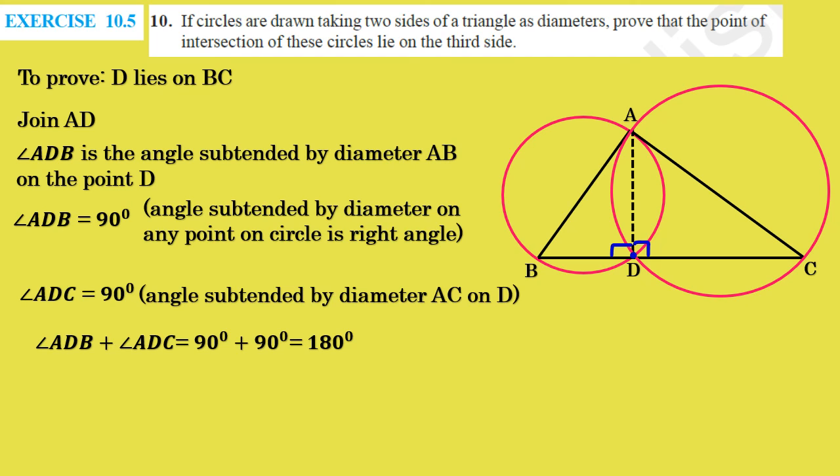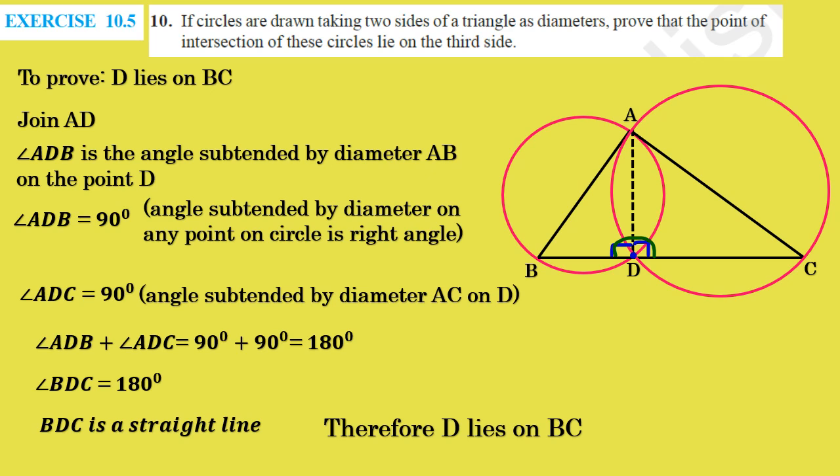That is, angle BDC is 180. That means it's a straight angle. That means BC is a straight line and D is a point on it. So D lies on BC. Very, very simple.